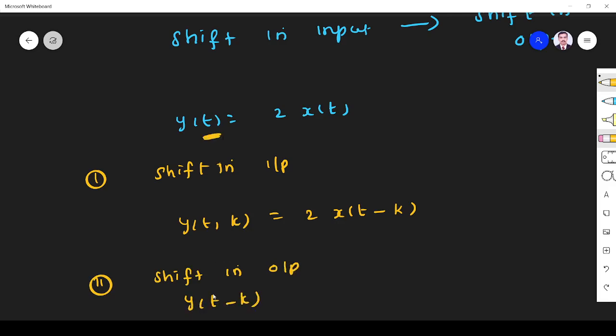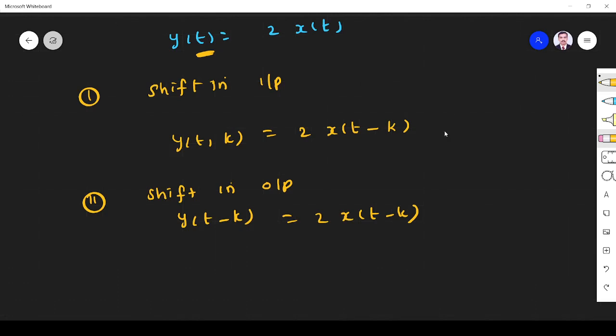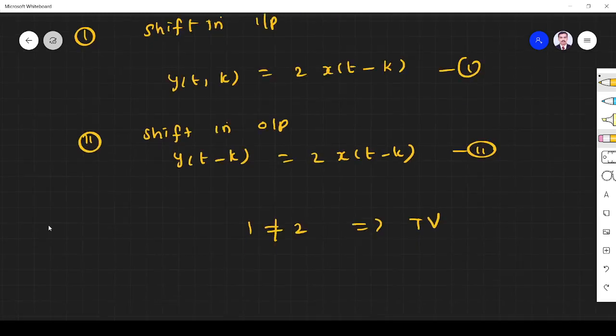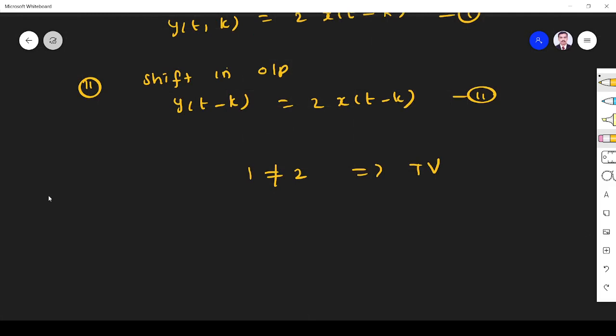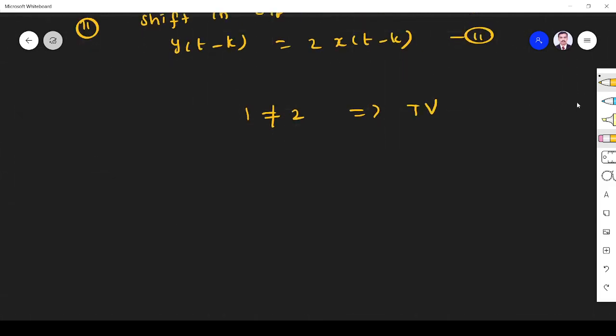So in t, everything is replaced by t - k, so 2x(t - k). You compare these two equations, 1 and 2. If 1 is equal to 2, it is time invariant. Here 1 is not equal to 2, so it is a time variant system. The same thing you can apply for discrete time signals also.